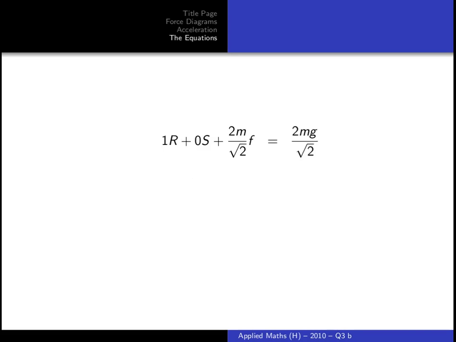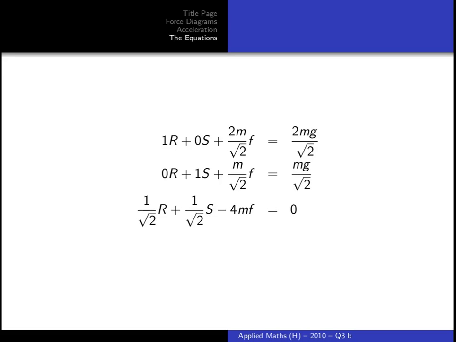We'll have 1R plus 0S plus 2m over root 2 F equals 2mg over root 2. We do the same for the second equation, so it's R, S, F equals constant, and we do the same for the final equation. Putting this in an array form, we have this problem we need to solve.